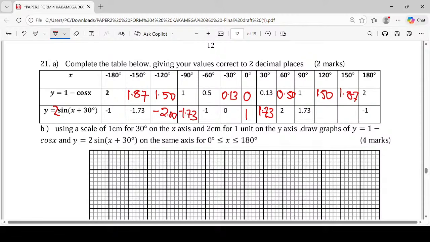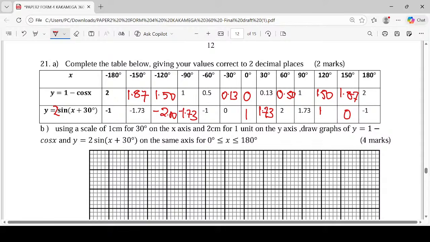That's 1 at 150. That is 0. So after that you have already your 2 marks.